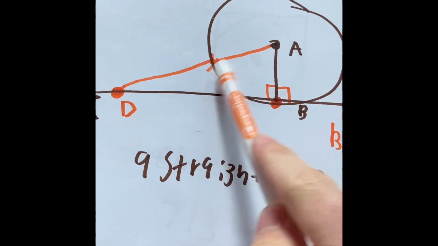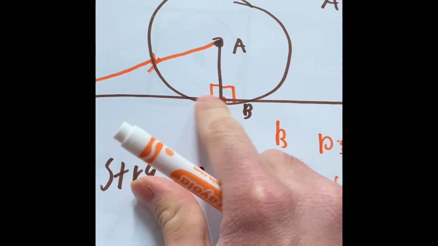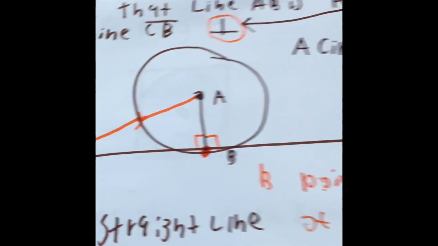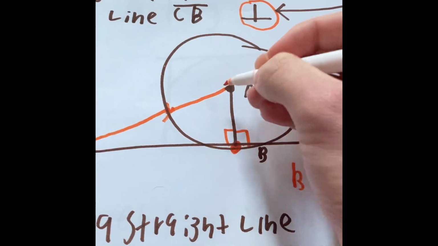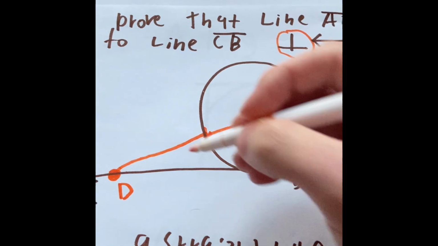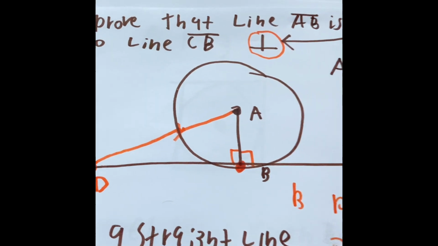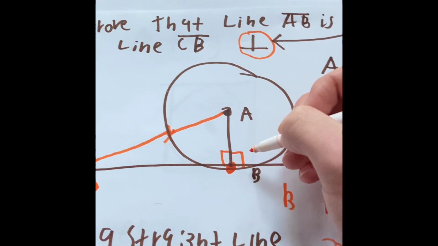So this right triangle is going to help us understand how these two angles are 90 degrees and how they are perpendicular, because every time that you're working with a right triangle, it must have an angle that is 90 degrees, and it sits just like you're sitting on a wall or beside a wall near the intersection of A and B. So if this right triangle is truly a right triangle, then it also means that it can prove that line A to B and line C to B is perpendicular.